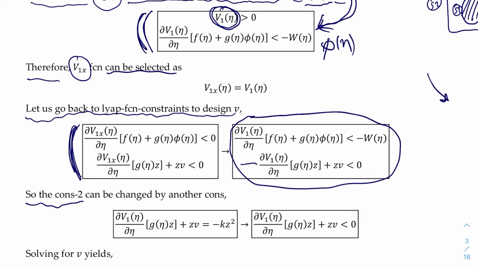So constraint 2 can be changed by another constraint. This is constraint 2, right? And again, it's a negativity constraint, so rather than imposing the negativity constraint, just equate that expression to a negative function, because we are going to determine what v is.